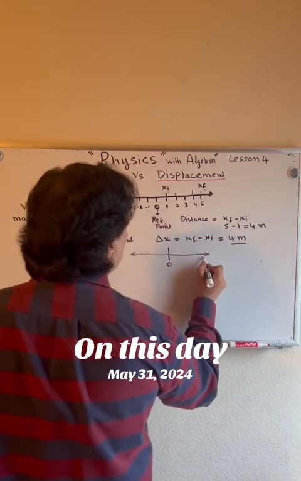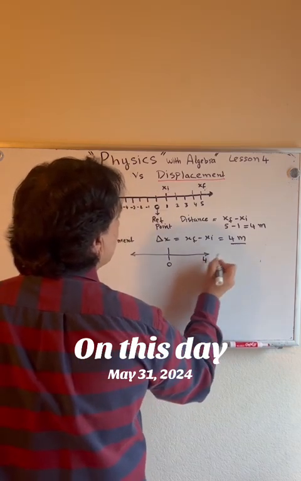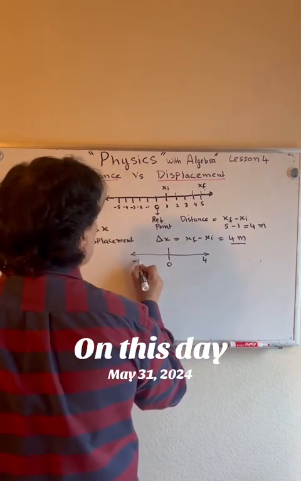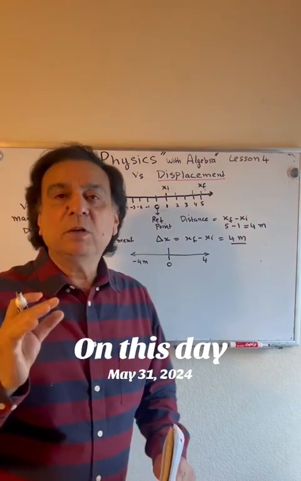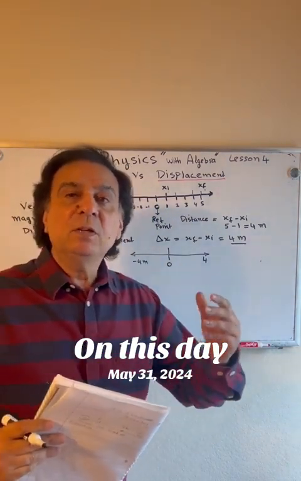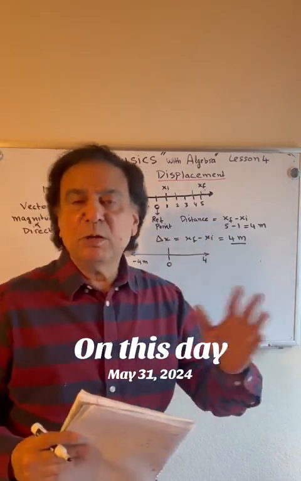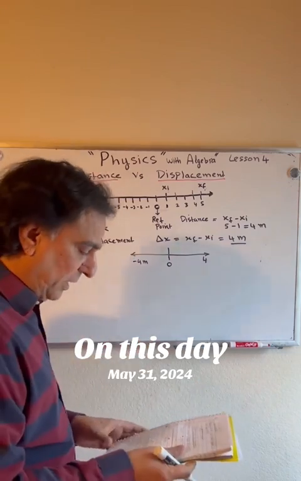I'm going 4 units or 4 meters left. When the delta is positive I go right, and when the delta is negative, that means I am going in the opposite direction. So that's what displacement is. It has a magnitude as well as direction. Distance traveled has a magnitude but no direction. Displacement has both. So keep that in mind.